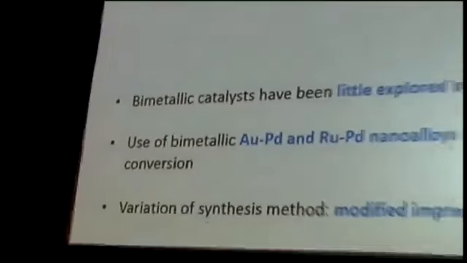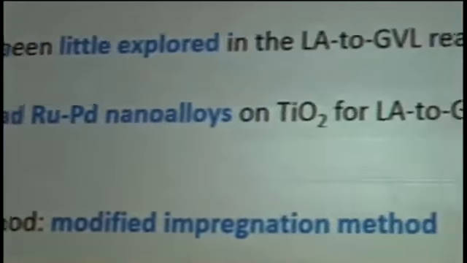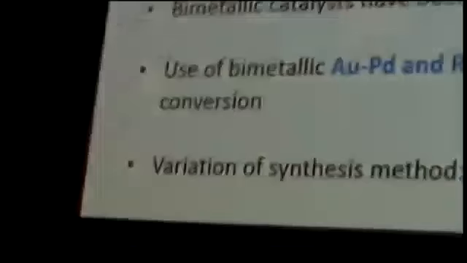Having established these titania-supported catalysts as quite promising, we further explored this system and we made a variety of different titania-supported catalysts, and we also made some bimetallic catalysts. Bimetallic catalysts are relatively little explored in the levulinic acid to gamma-valerolactone reaction.